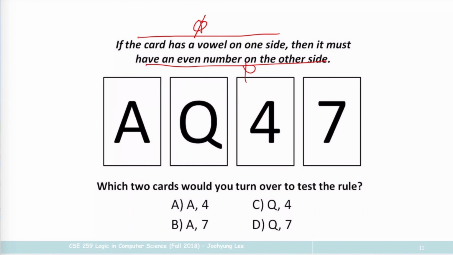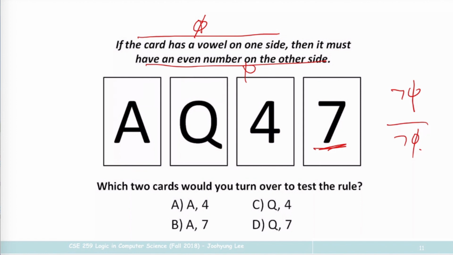One unintuitive thing is that you actually have to flip 7, because 7 tells you that this is negation of psi. Okay? So you can actually get the negation of phi.